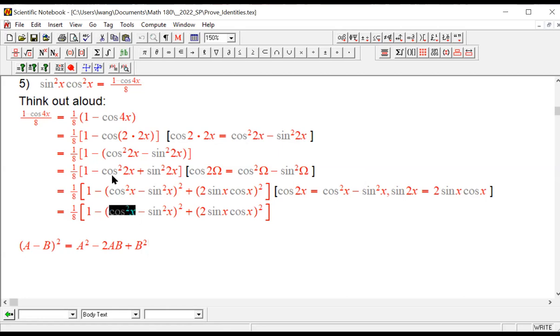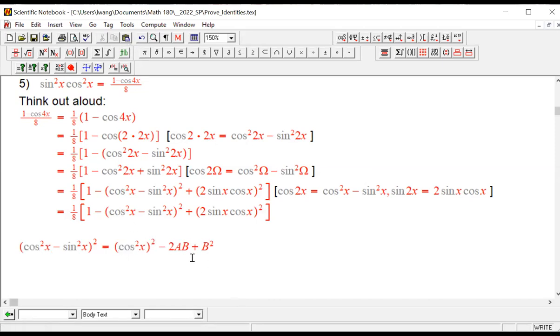And then what? Well, we got our cosine square x, and we got our sine square x. So that's our A. This piece is going to be A, and A is a cosine square x.